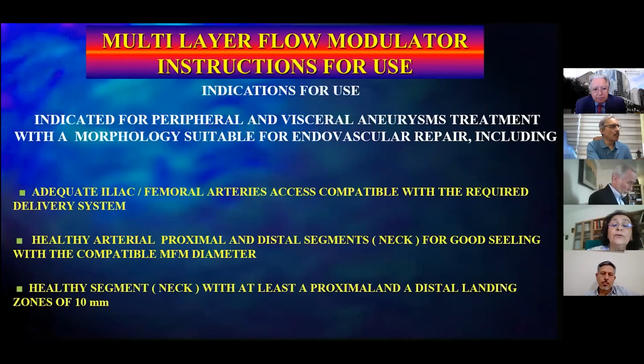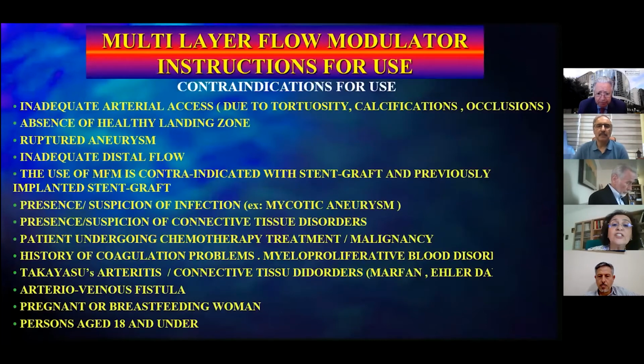The indication for the MFM is when we have a suitable morphology for endovascular repair, and we must keep to the instructions for use regarding the healthy arterial landing, proximal and distal segments. The contraindications are like for the aortic ones: no rupture, no infection, no arteriovenous fistula.